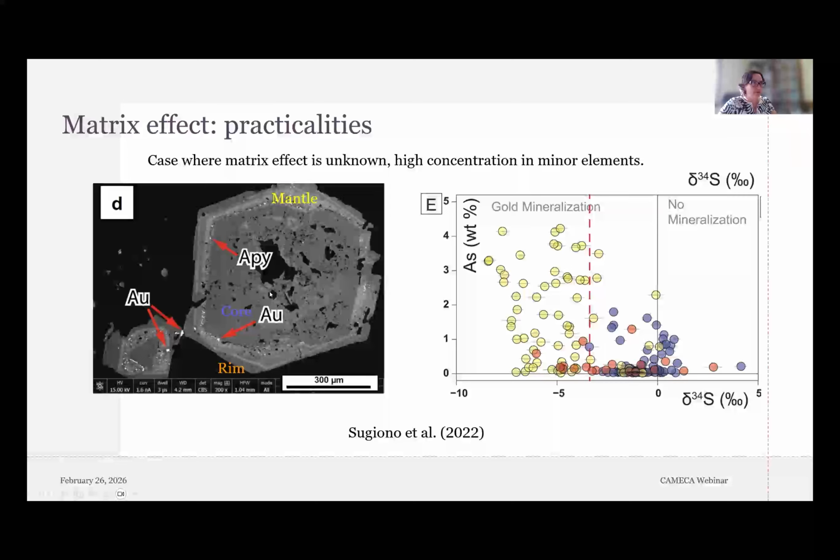This is just an example where we actually had these really interesting pyrite minerals. They show very strong variation in chemistry between the core and the rings, and specifically, they had very high arsenic content, up to 4 or 5%.